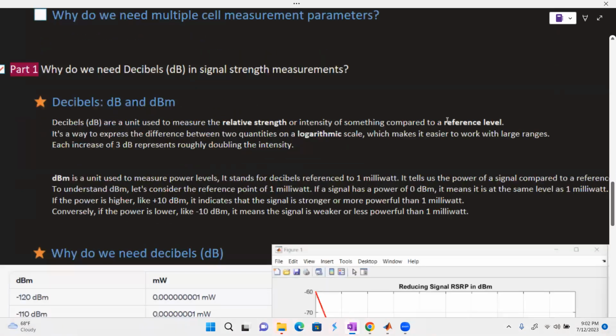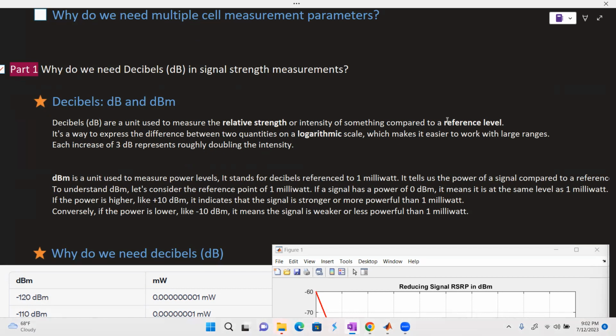I'll start with explaining decibels. Decibels, or dB, are a unit used to measure the relative strength of something. This term is very important, relative strength, because it's actually always comparing two values. So decibels are a way to measure the relative strength of something compared to a reference value.